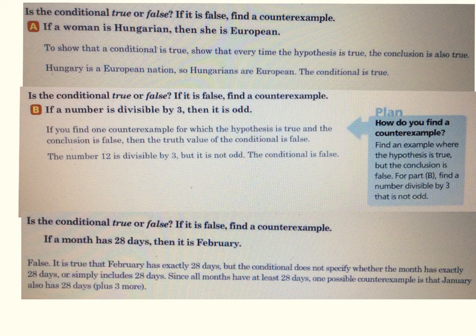And then there's an answer with an explanation below that. And then to the right of the answer on that one, it kind of gives you a little bit of extra assistance, I guess you could say. How do you find a counterexample? So there's just a little bit extra there. And then on the bottom, if a month has 28 days, then it is February. And then there's the answer with the explanation.